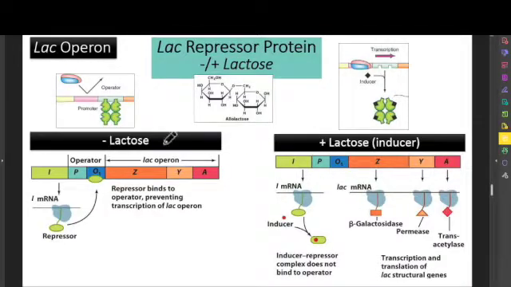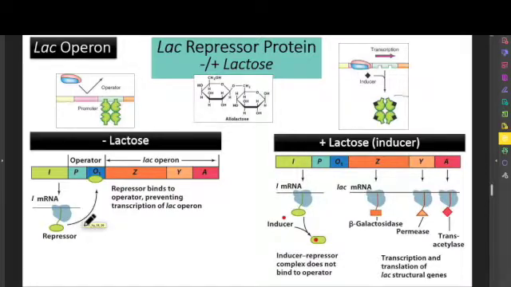Okay, so let's go over this schematic again. So the lac operon, allolactose is the inducer. When there's no lactose present, then the repressor, lac repressor, is created, and it binds to the operator. This is a very crude diagram. We know that really it's a tetramer, right?